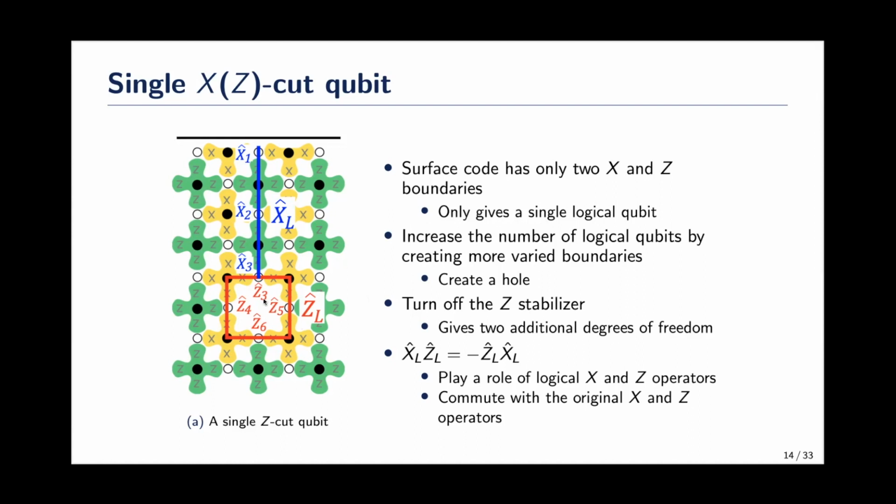And we can define new logical operators like XL and ZL. You can see these anti-commute with each other, and commute with the original X and Z operators and with the stabilizers.